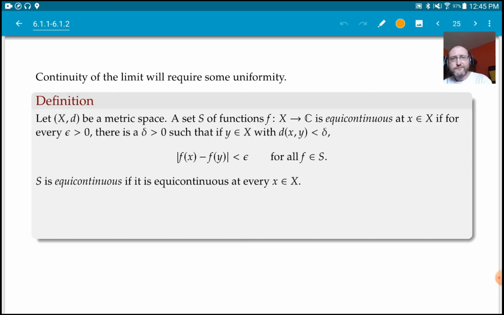So suppose that we have a set of functions.